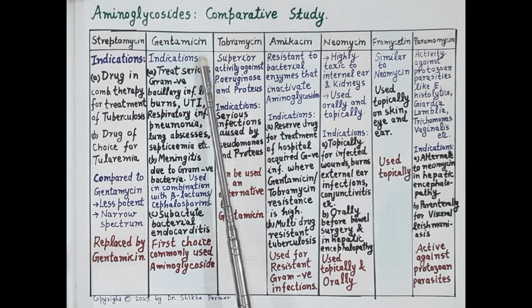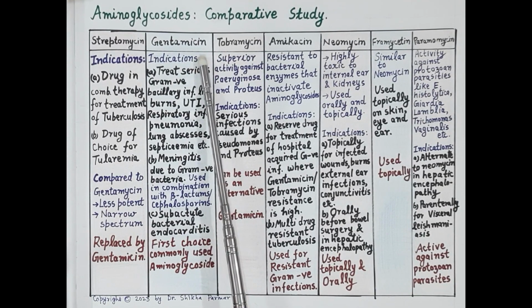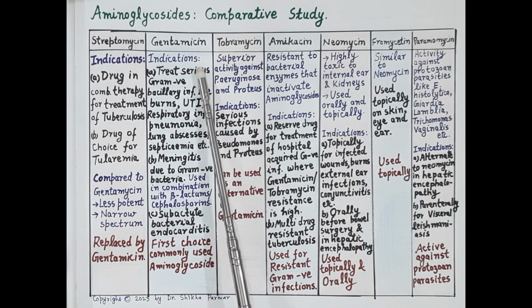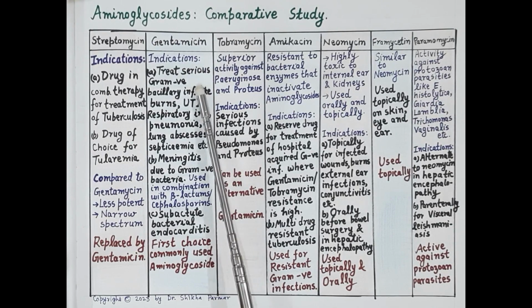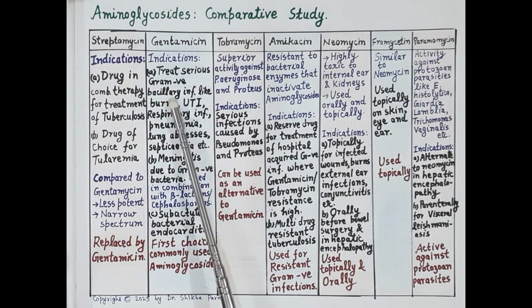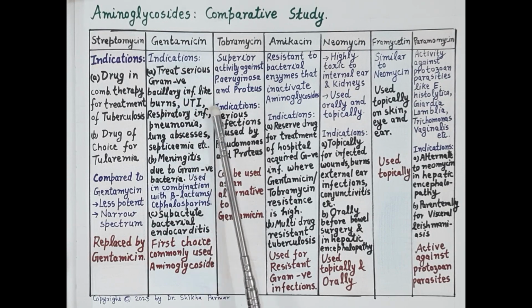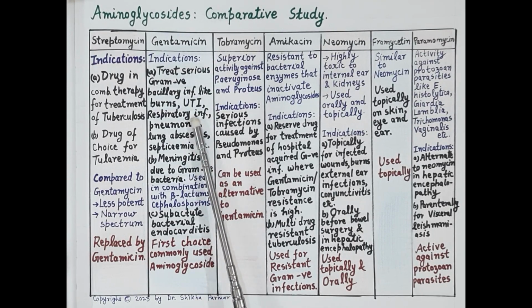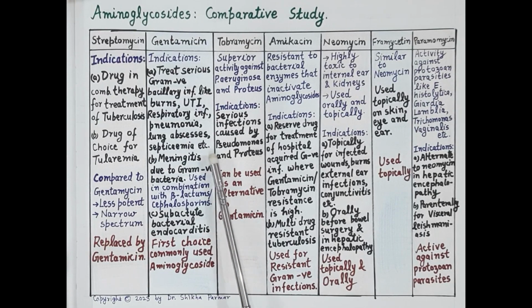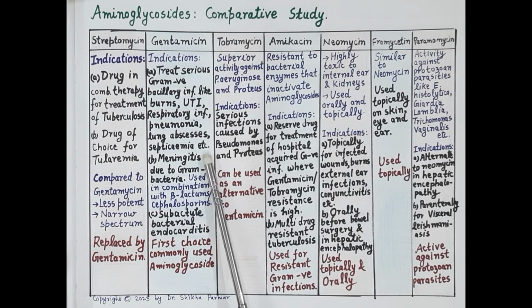Then gentamicin, as discussed, is the prototype drug of this class of antibiotics. It is the most commonly used aminoglycoside. Let's see the indications of gentamicin. Gentamicin is used in the treatment of serious gram-negative bacillary infections like burns, urinary tract infections, respiratory infections, pneumonia, lung abscesses, septicemia, etc., all caused by gram-negative bacilli.